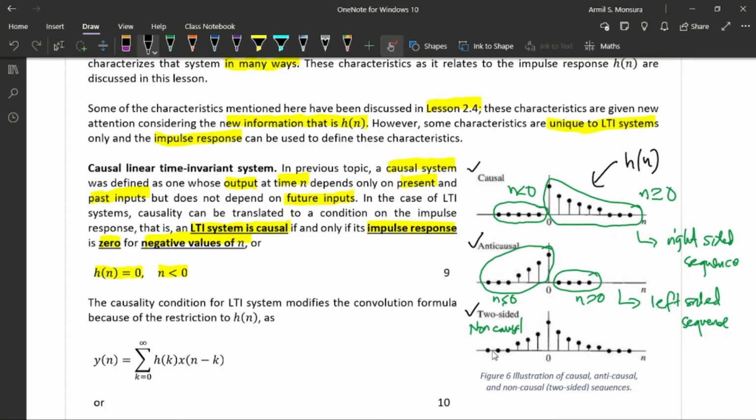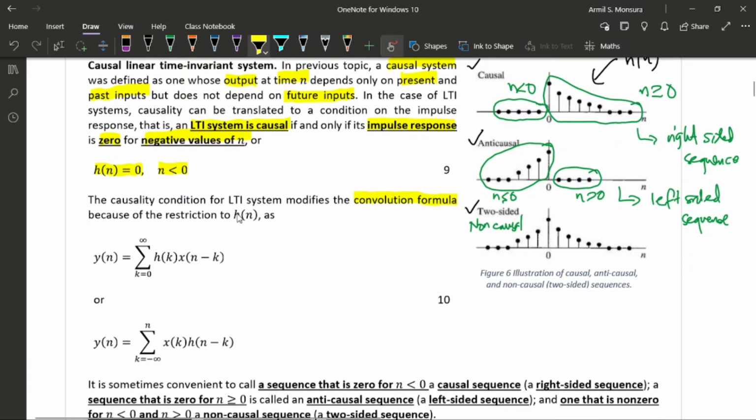Now going back to the causality condition for an LTI system, if we apply it to the convolution formula, that means we will be able to say that your h[n] is 0 for negative values of n. We will be able to modify the convolution formula by changing the lower limit.